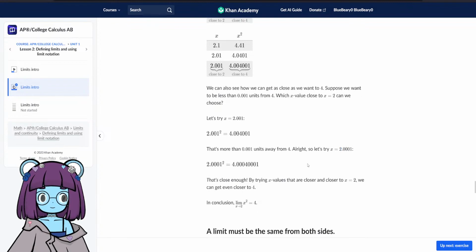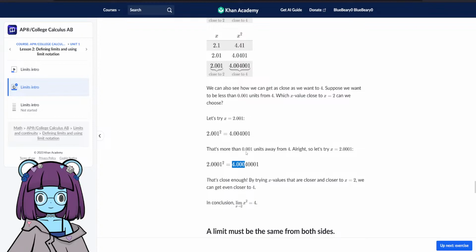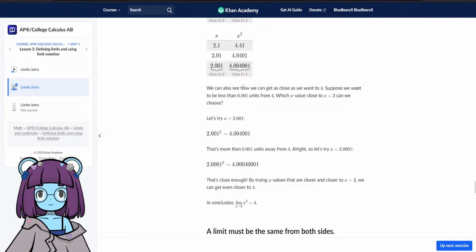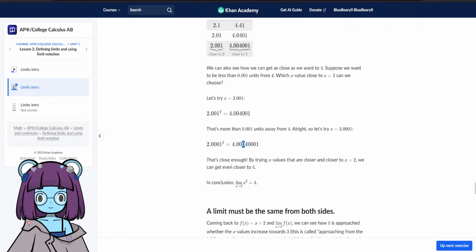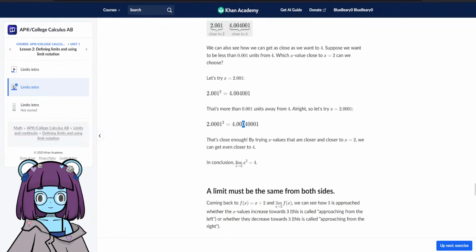So this value, and we are close enough because it's 0 in the tens, hundreds, thousands place. That's close enough. By trying x values that are closer and closer to x equals 2, we can get even closer to 4. In conclusion, the limit of x squared as x approaches 2 is equal to 4.